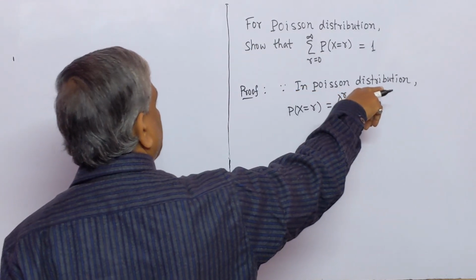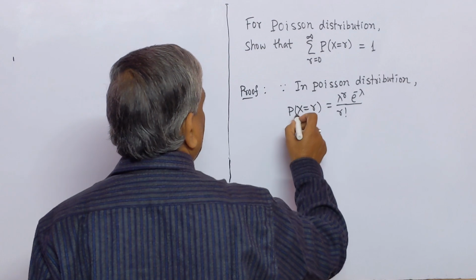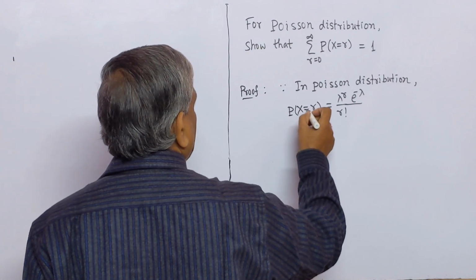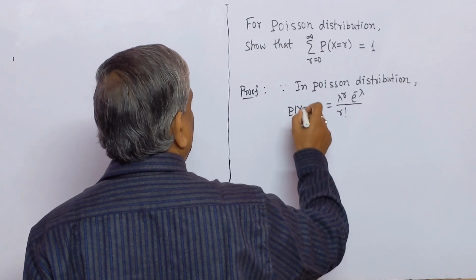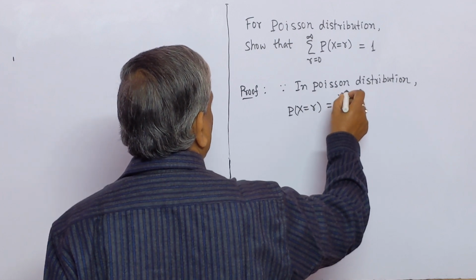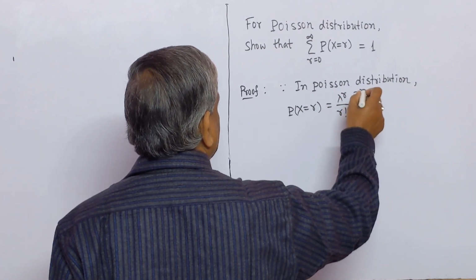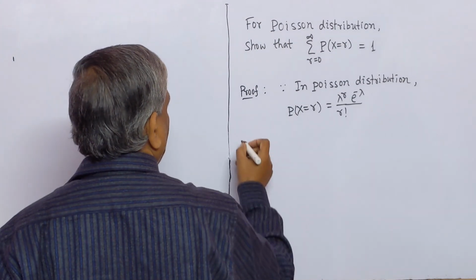In Poisson distribution, we know that probability X equal to r equals lambda to the power r e to the power minus lambda by factorial r.